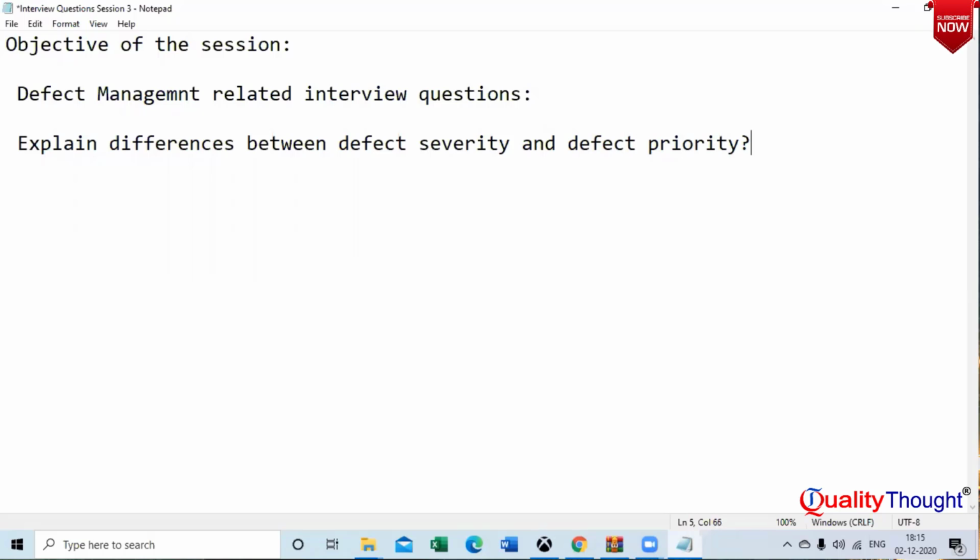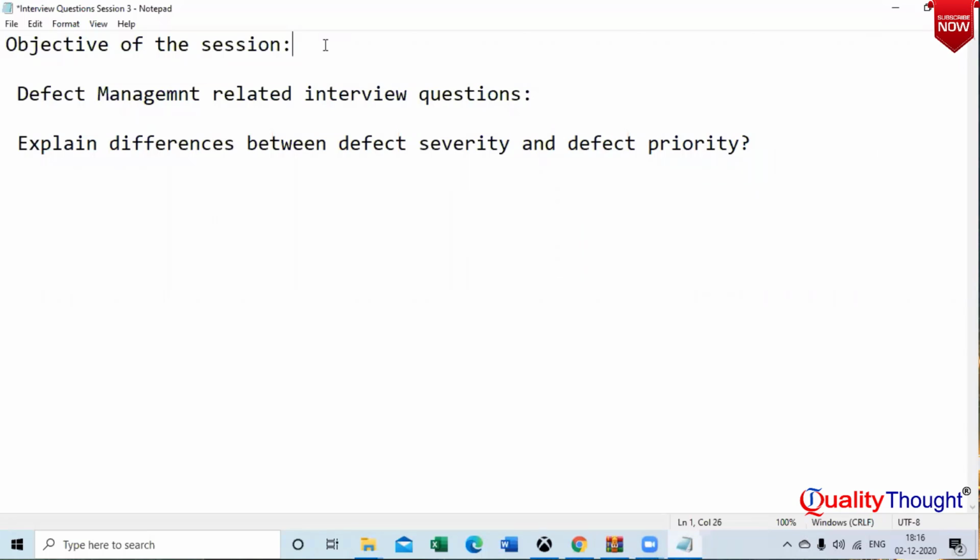Bug severity versus bug priority. First, let me explain this question. Explain what are the differences between bug severity versus priority with examples from your current project.